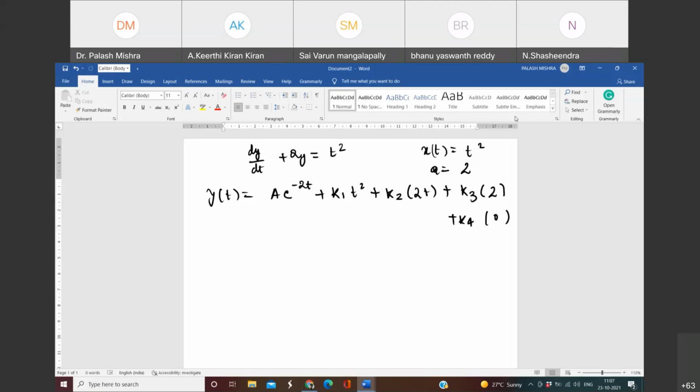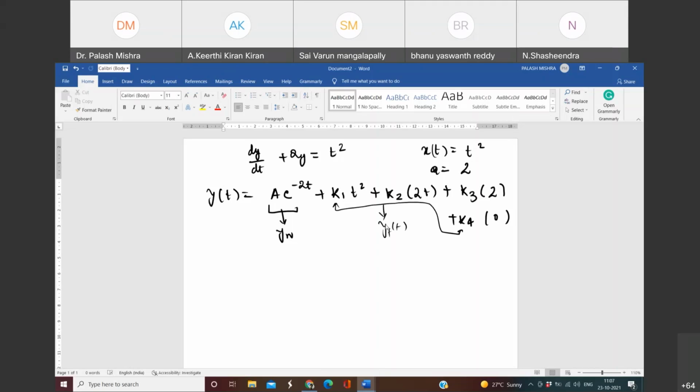So k4 won't exist here. This is your natural response of the system; it does not depend upon the input function. And this is the forced response of the system, y_f.